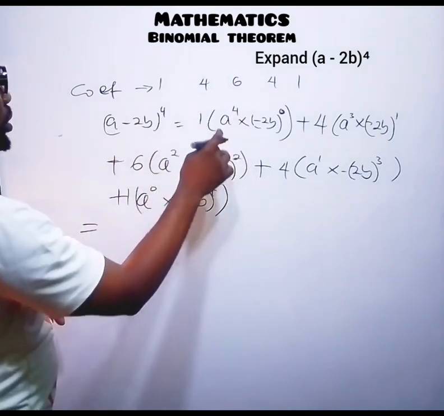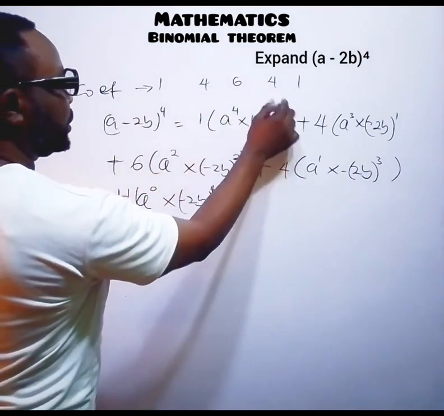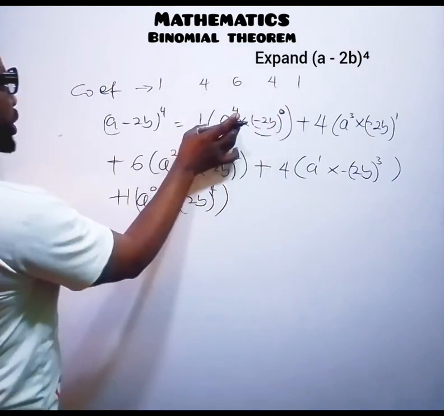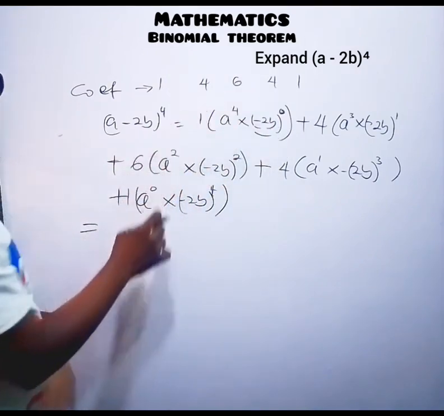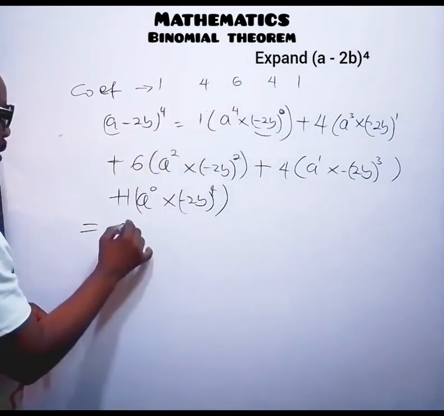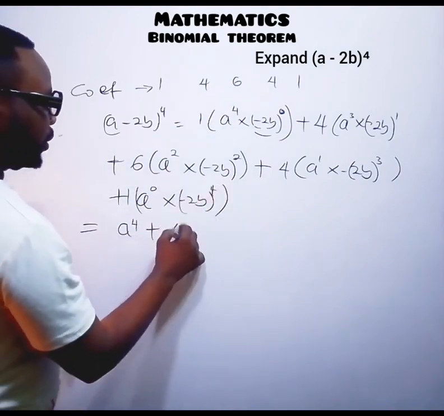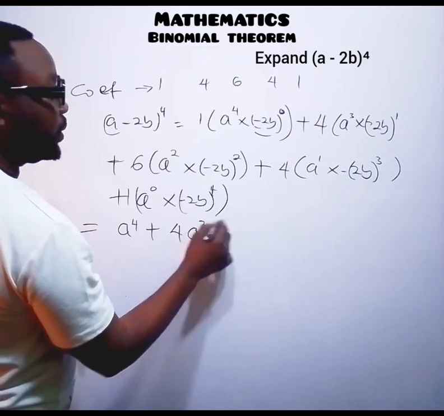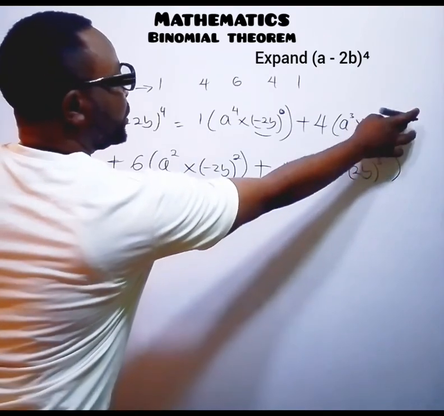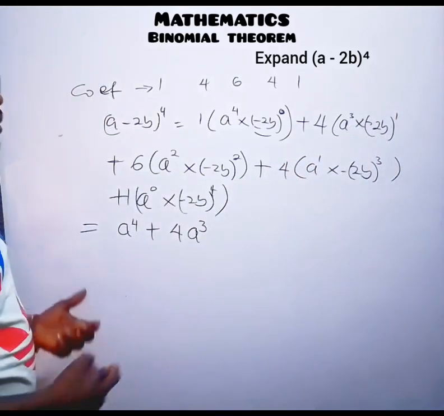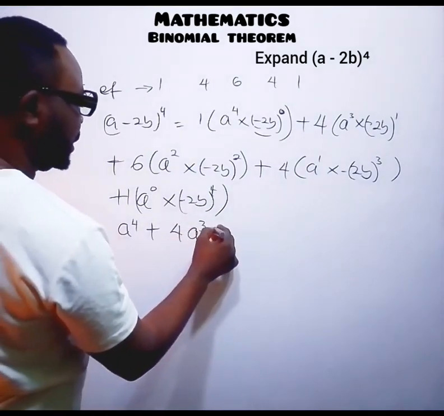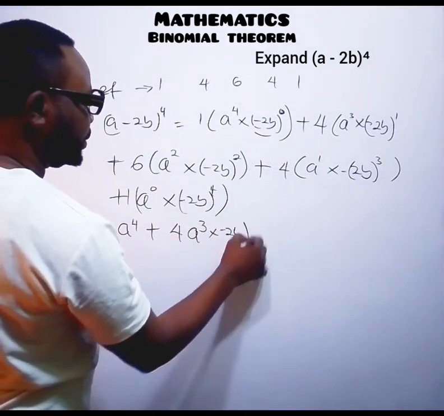This will be equal to, since all this expression here will be equal to 1, a raised to the power of 4 times 1 will give us a raised to the power of 4. This will be a raised to the power of 4 plus 4a raised to the power of 3 multiplied by minus 2b raised to the power of 1. That will be minus 2b.